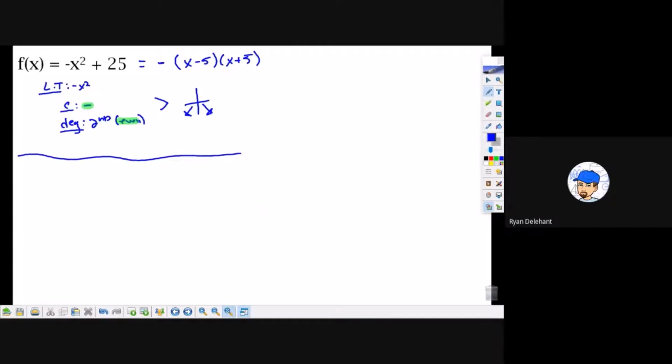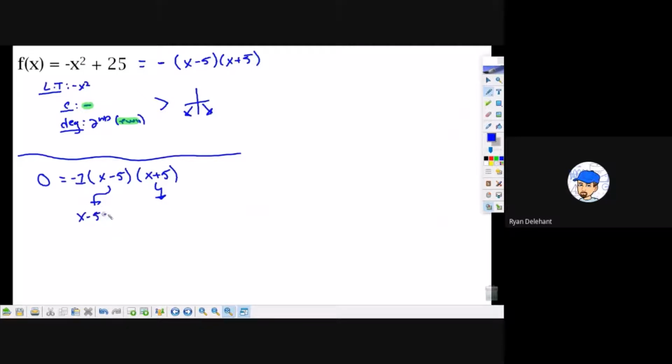Now we need to find the x-intercepts. So we're going to set this thing equal to 0. The only things that I can plug in 0 for are this one and this one. There's no way to make negative 1 equal 0. It doesn't affect the x-intercepts at all.